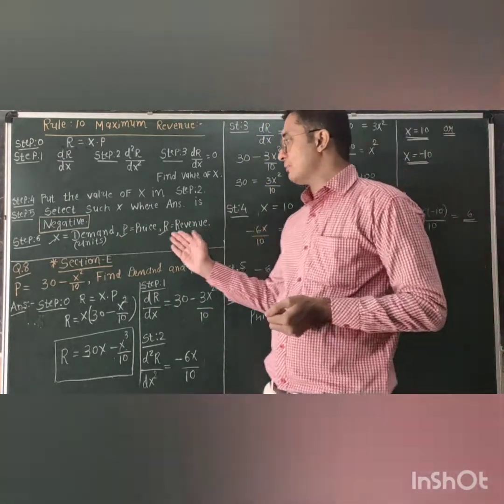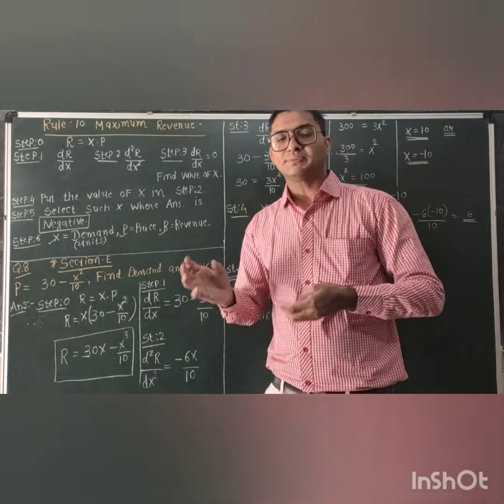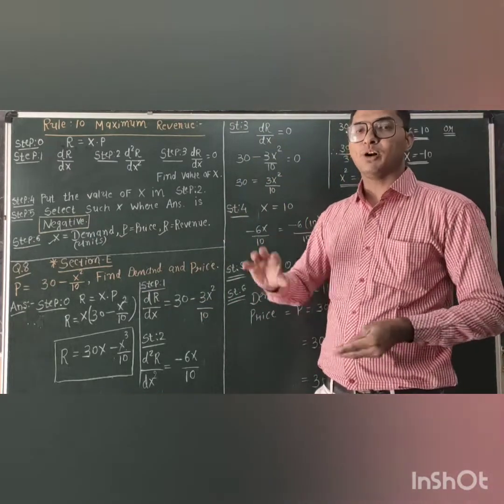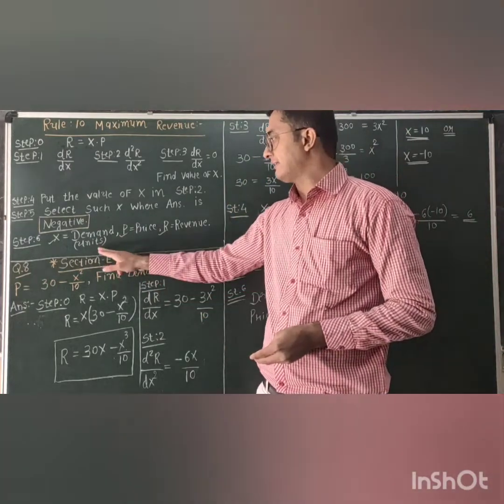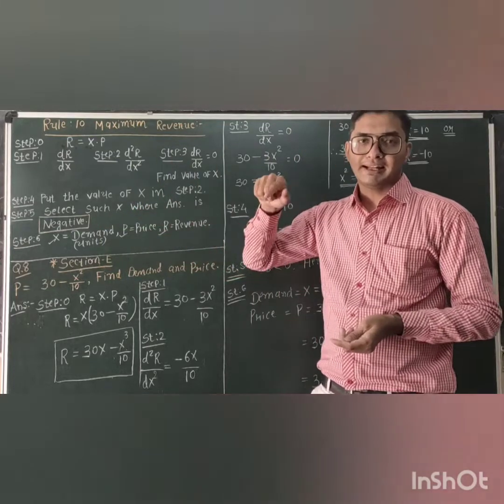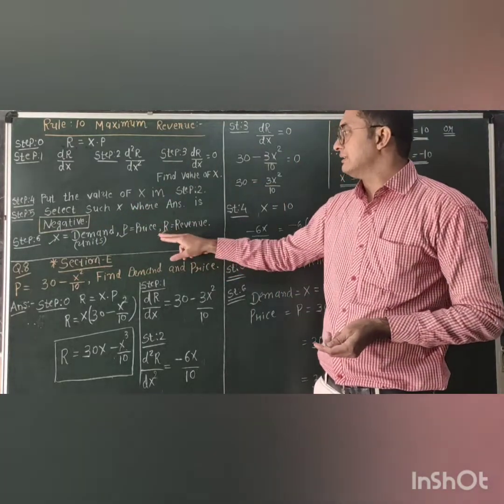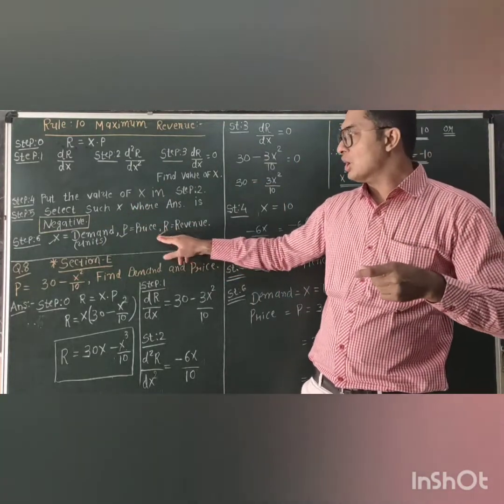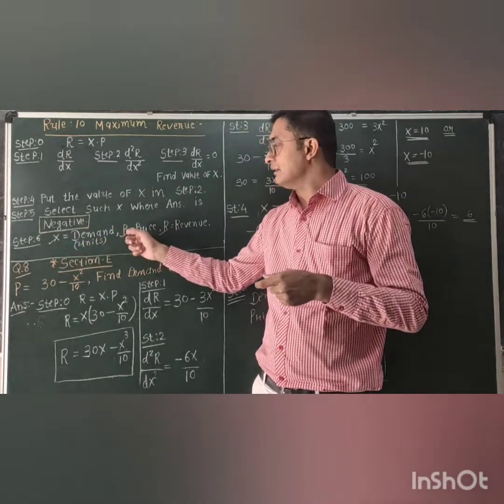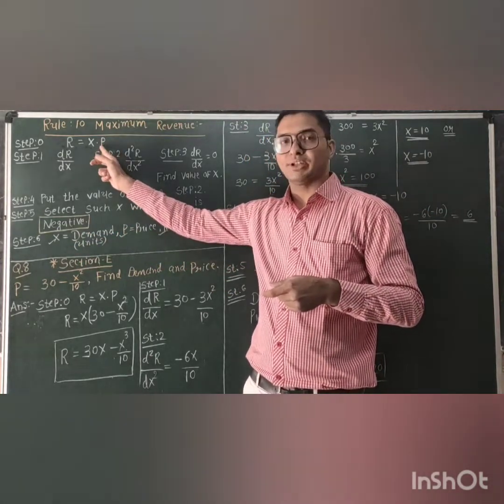So why have I mentioned this here? Because if they are asking to find the demand, then x stands for demand. If they are asking to find the price, then put the value of x in the price p equation.